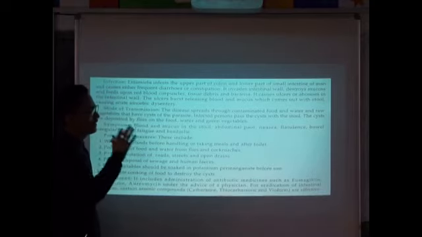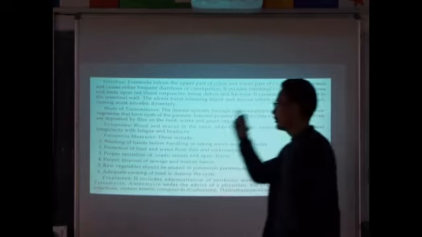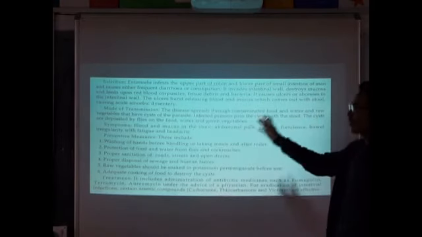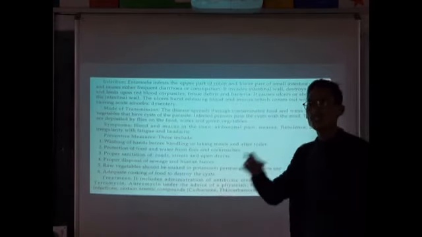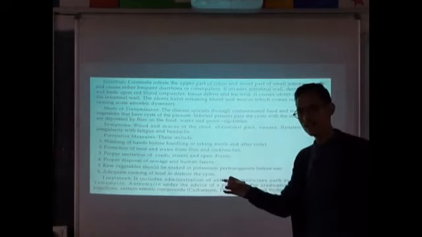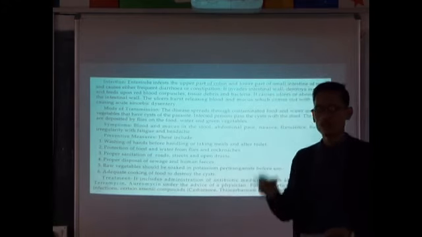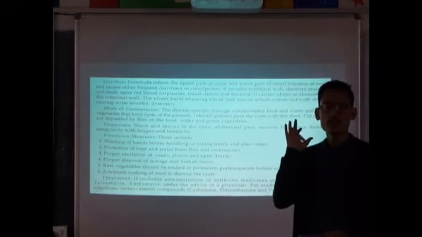Clear? So it will invade the intestinal wall, it will destroy the mucosa and will feed upon the red blood cells. So this particular Entamoeba can be seen under the microscope in the red blood cells.